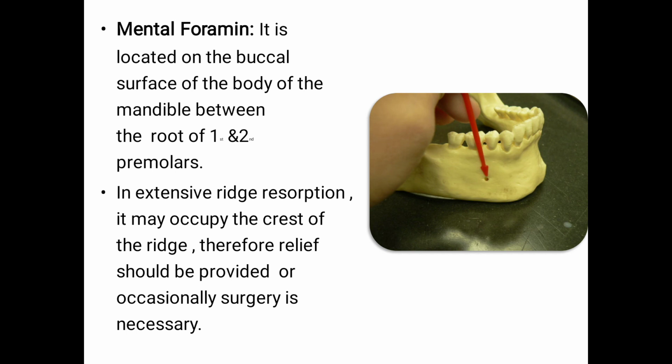So لو حصل extensive ridge resorption والفورامين بقت في الكريست of the ridge, we should relieve it or treat it surgically. اللي هو زي ما قلنا زمان نعمل بون augmentation، نزرع بون عشان نقدر نعمل الدنشر حقنا، او نعمل لها ريليف زي اللي كنا بنعمله للتورس بالاتيناس وللانسيسيف بابيلا.